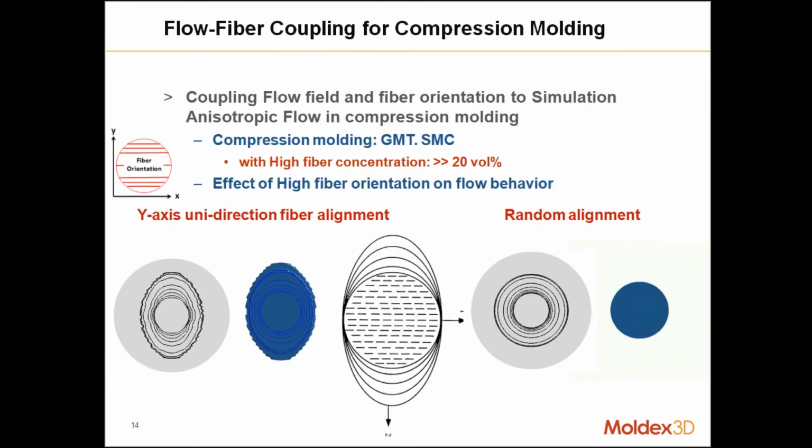And also for compression molding like GMT and SMC, what we can reproduce using this enhanced solver is a non-symmetric flow behavior during compression, which is affected by the specific fiber axis orientation in the very beginning.